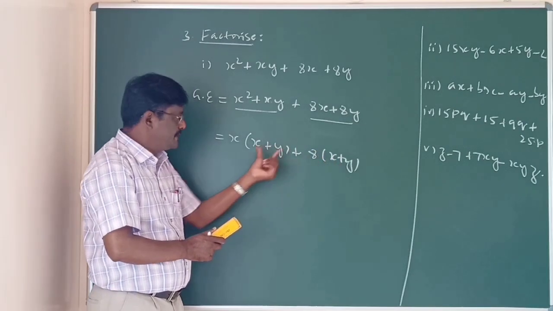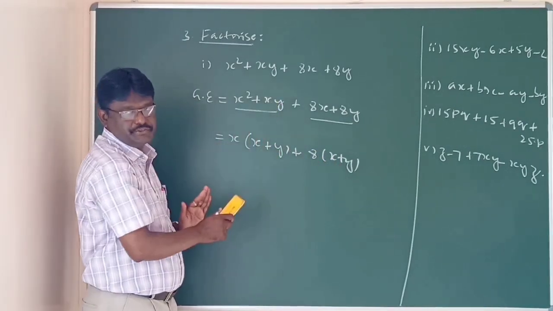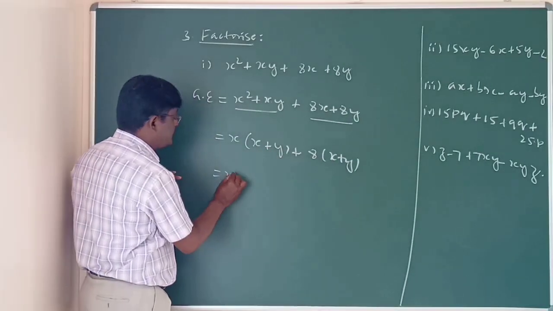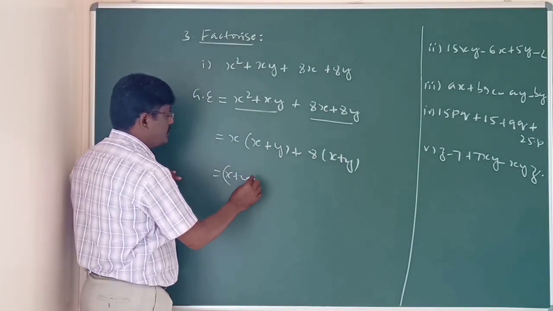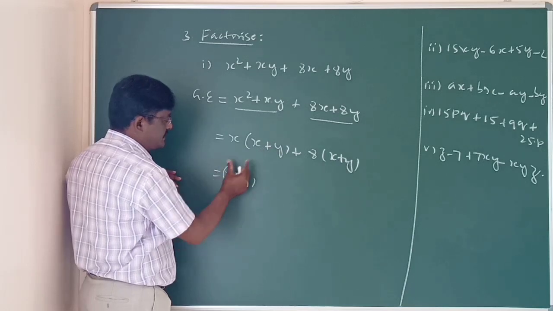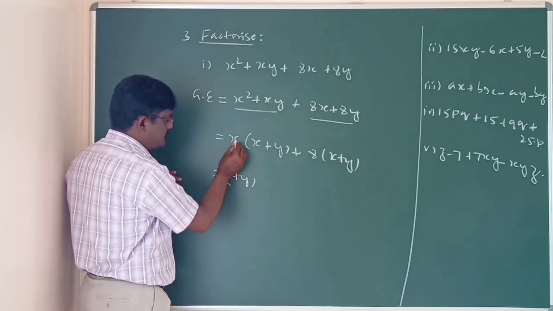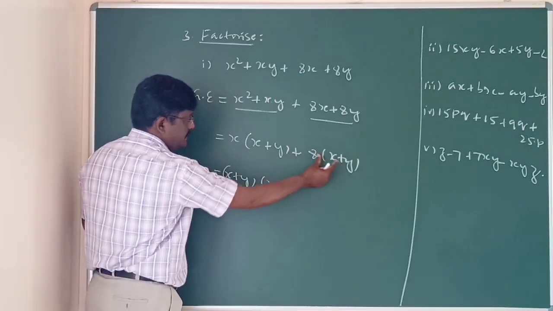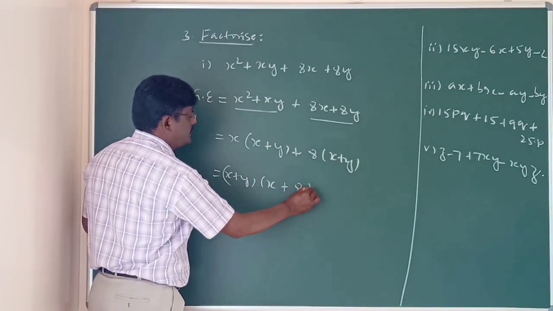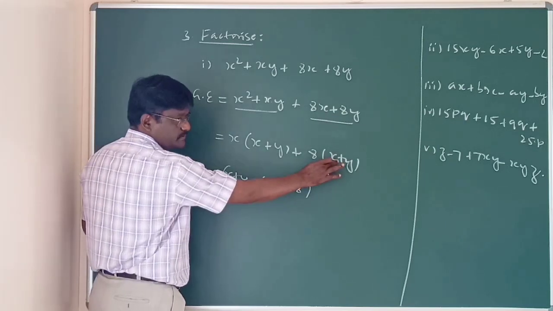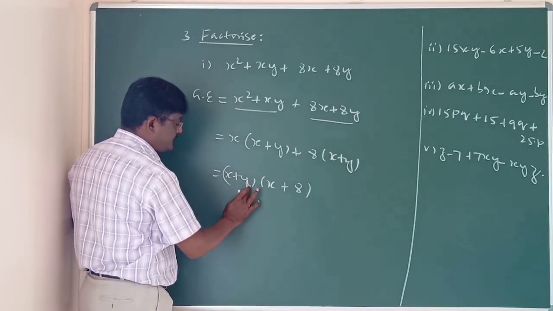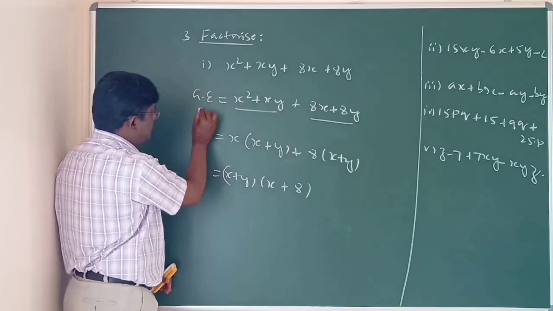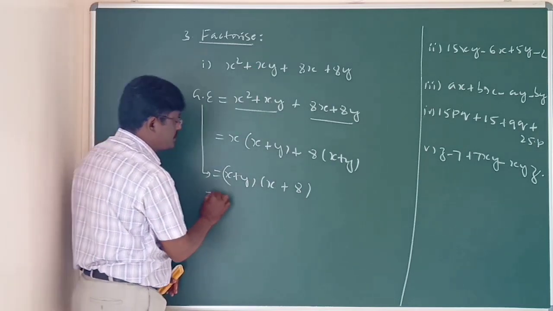If not, then we have to rearrange. Now what is the common in these two? It is x plus y. When x plus y is taken, dividing this by this we get x, and dividing this we get 8. So x plus y gets cancelled. (x plus y) into (x plus 8) are the factors of the given expression.